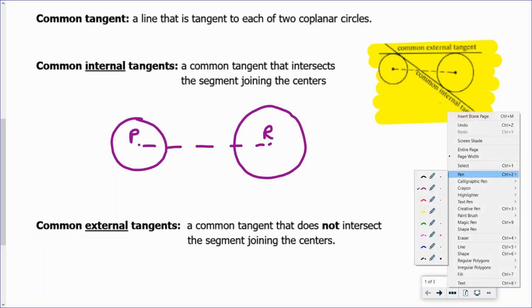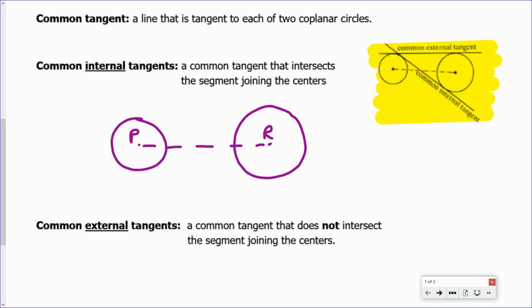And now what I'm going to draw is a tangent line that is shared by both circles. So I'm going to mark a point of tangency on circle P, which will be L. I'm going to mark a second point of tangency on circle R. This will be M. So I'm going to draw in line LM the best I can.